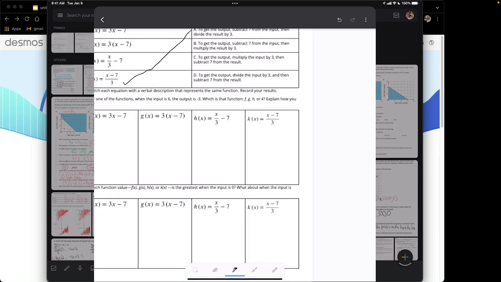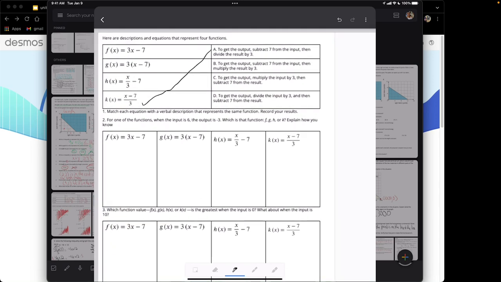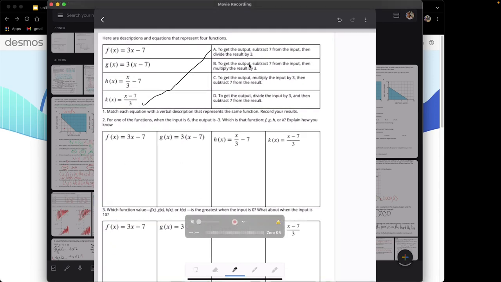Okay. Let's go to B. To get the output, subtract 7 from the input, then multiply the result by 3. So subtract 7 and then multiply. So out of the 3 that are left, the only ones involving multiplication are F and G. In this one, they want you to subtract 7 first and then multiply.